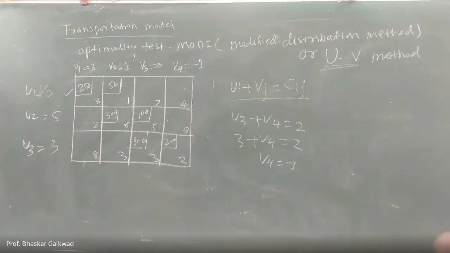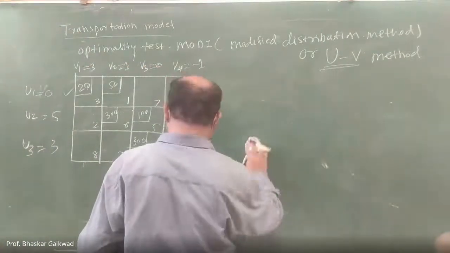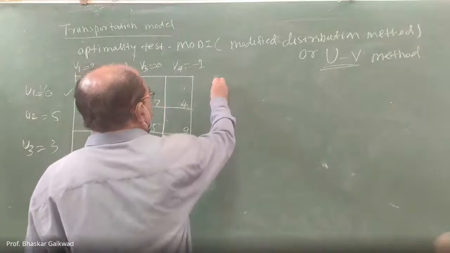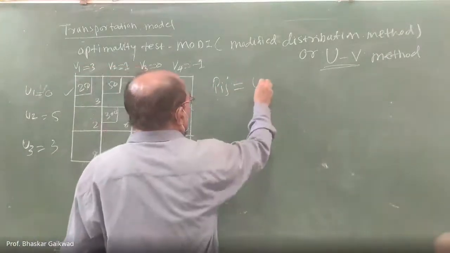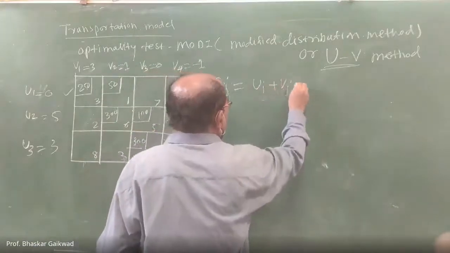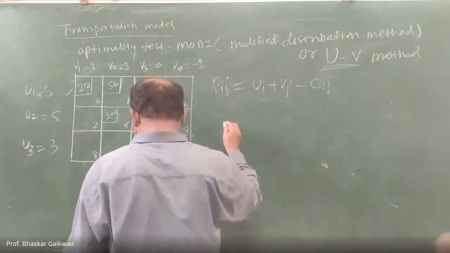Okay. Now what is the next step? Next step: Pij is equal to Ui plus Vj minus Cij. So this is the penalty.